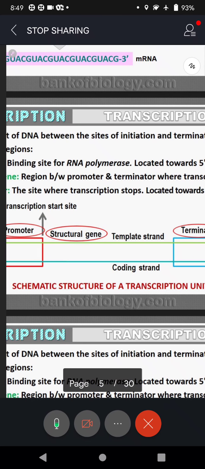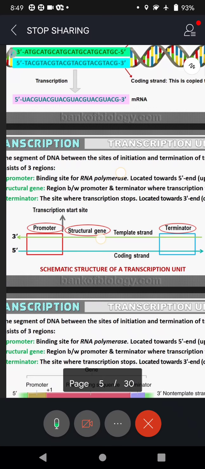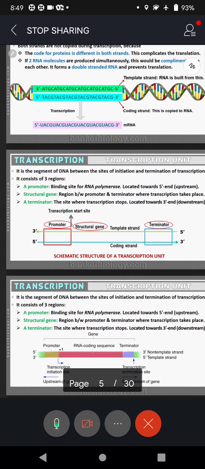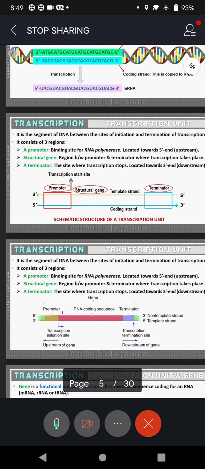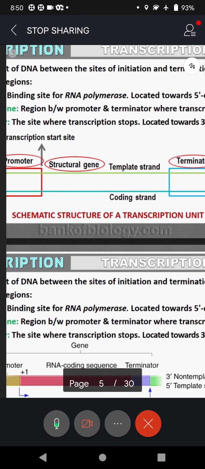Now, further, overall, how this transcription takes place. What are the requirements? Basically there should be a DNA molecule, and then there should be a promoter region. First, to start that transcription, there must be a promoter region. Let me expand that. Yes, promoter region. Then there is a structural gene, right?